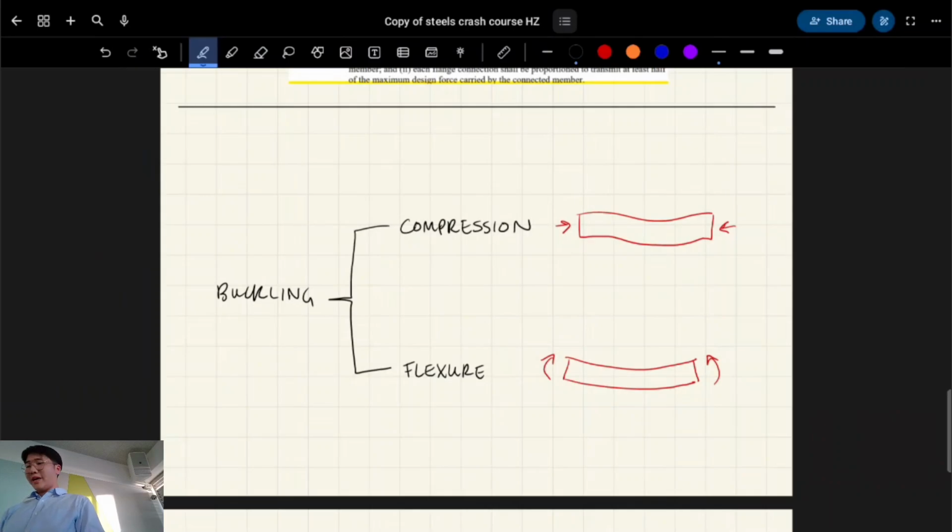And what happens is if we have a shorter column, for example, like this, yeah? If I do push down on it, it does stay in the same like line of action, I guess you can call it, right? So buckling is a function of how long your member is.